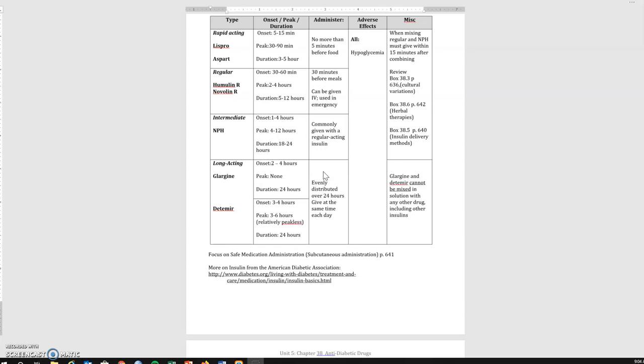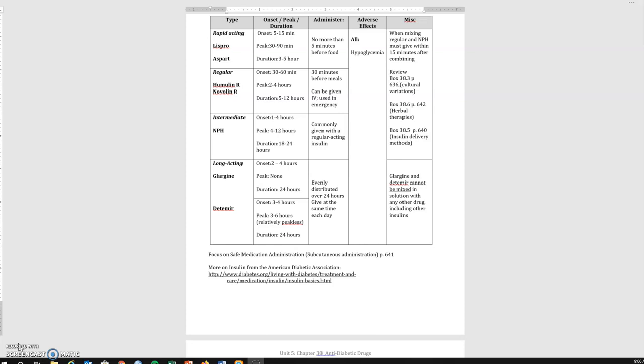Remember that you must rotate the sites of insulin delivery. In your Lippincott photo atlas of medication administration that came with your textbook, you will find on page 24 the skill set of mixing 2 vials in 1 syringe, which describes and shows how insulin can be mixed, and skill set 7, which is on page 34, how to administer a sub-Q injection.